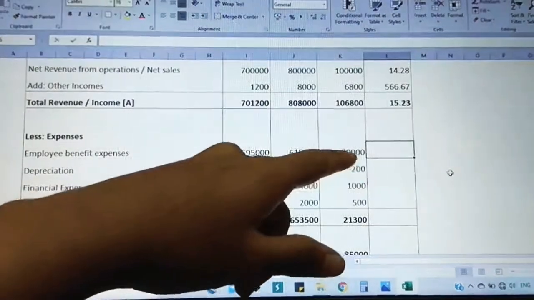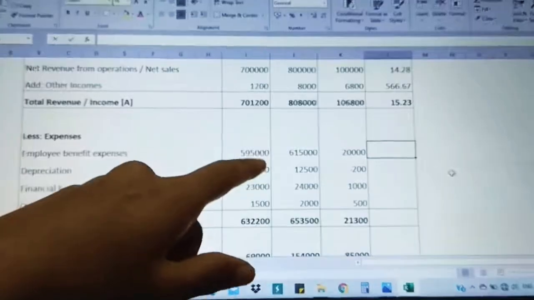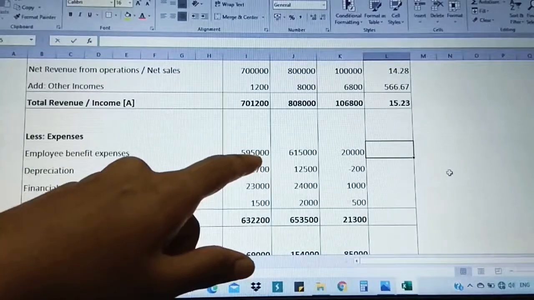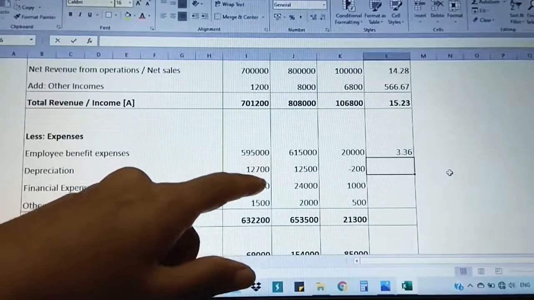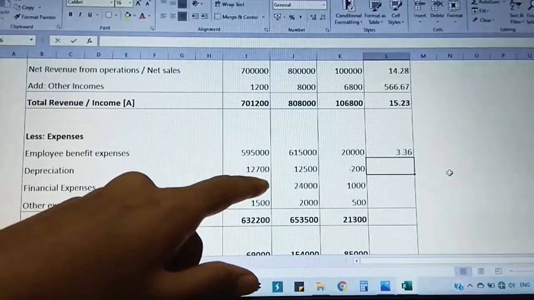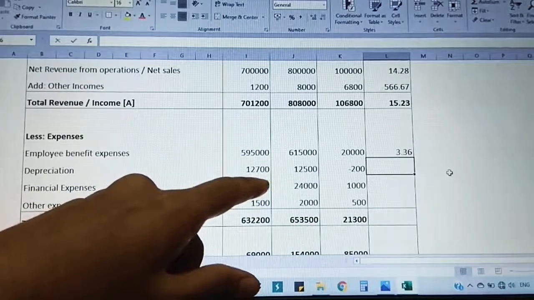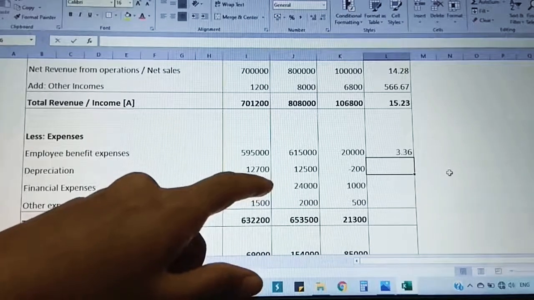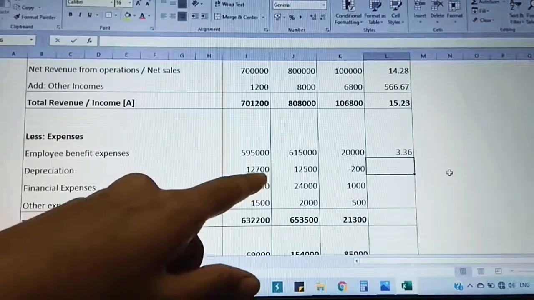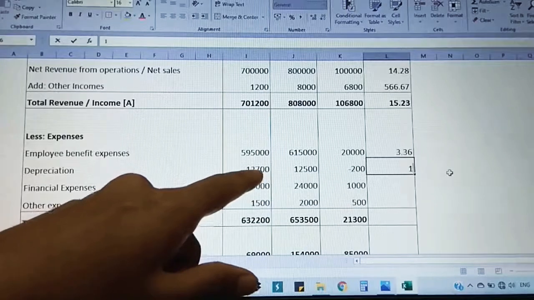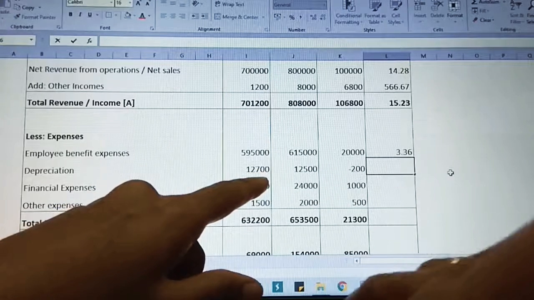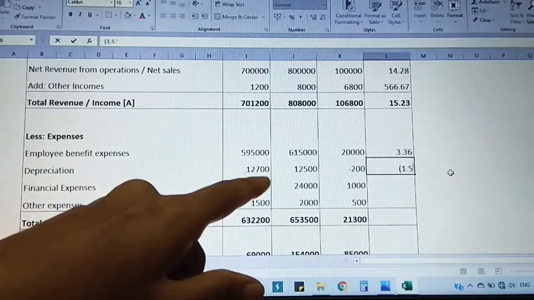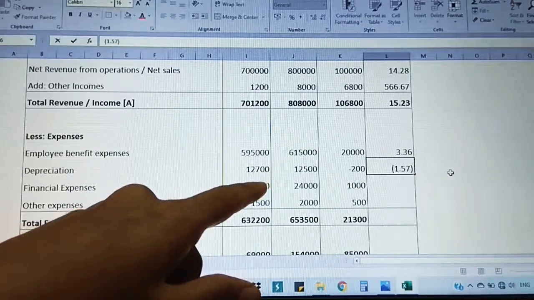Now for 20,000, we divide by 5,95,000, percentage 3.36. Then 200 divided by 12,700, percentage 1. Let me put it in the bracket as it is a minus, 1.57%.